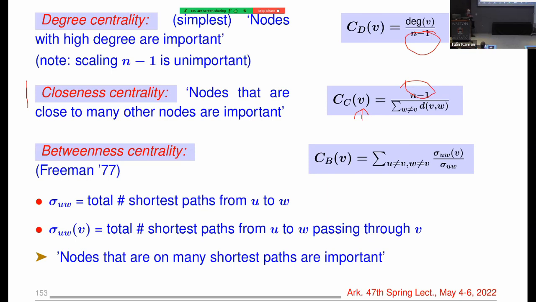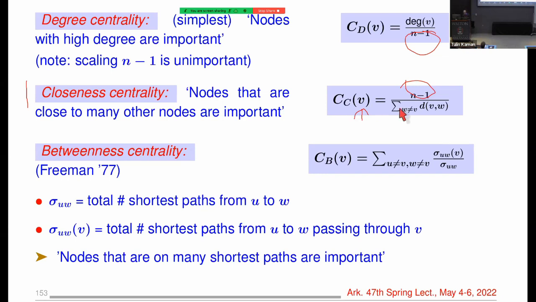V is fixed, and W is all possible nodes in the graph, except V itself, obviously. Doesn't matter, the distance from V to V will be 0. And then you take the inverse of that. So it simply says that the nodes that are close to many other nodes are important. If the distances are all small, then this would be a larger number. That gives you higher centrality.